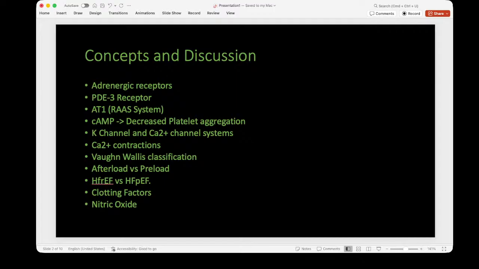So that's something you might want to look into and see how it is triggered and preventing certain clotting events and prevention of certain types of diseases. Potassium channel, calcium contractions.